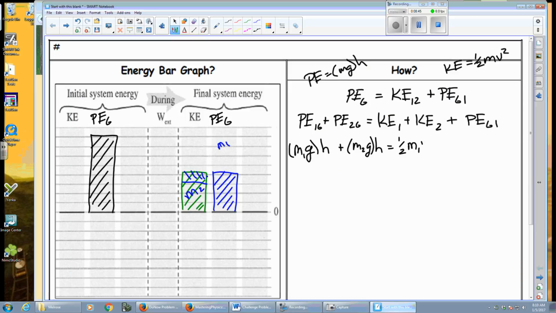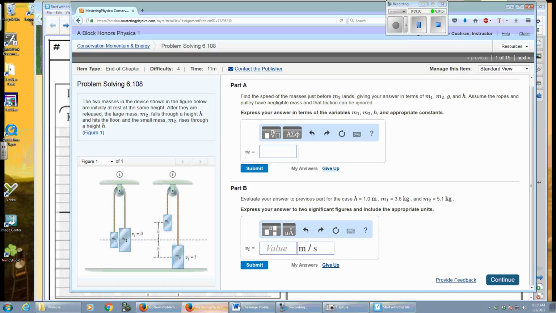So I'm just going to call that V. And then this is M1G, and it's now not at a height of H anymore above that bottom, but a height of 2H.